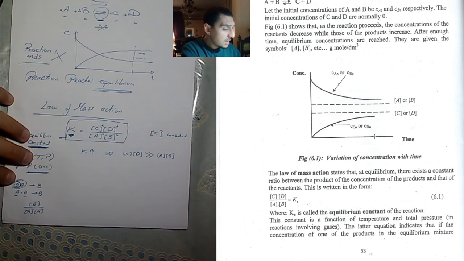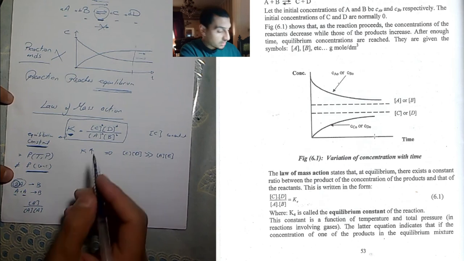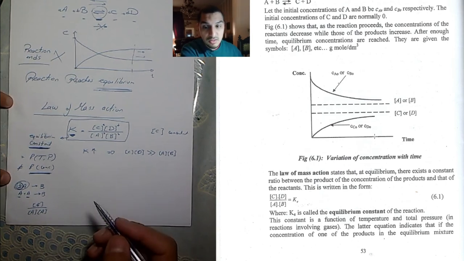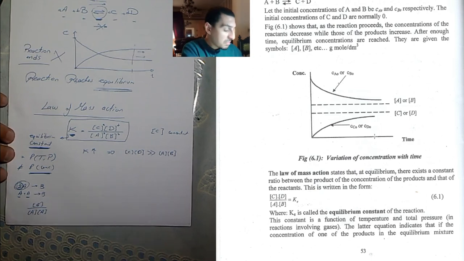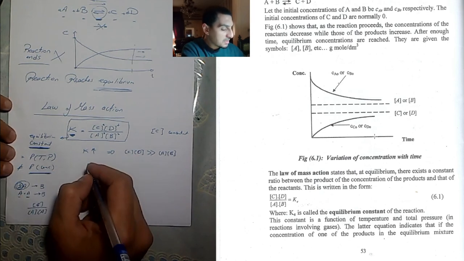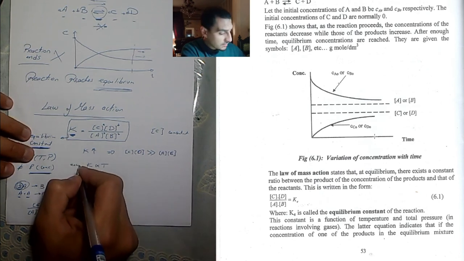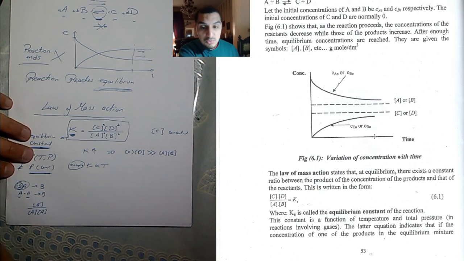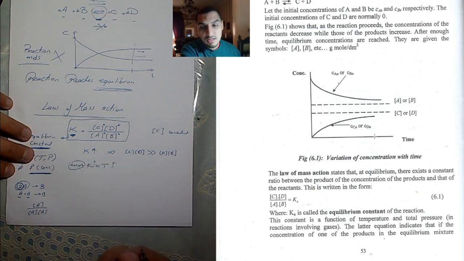So this is one thing. The second thing is that, after knowing this information, I can play with the conditions to force the reaction to go into the direction that I want. So, for instance, if I know that K is directly proportional to T, and I want to push the reaction to the forward direction, in this case I can increase the temperature, so K will increase and I will get higher conversion.